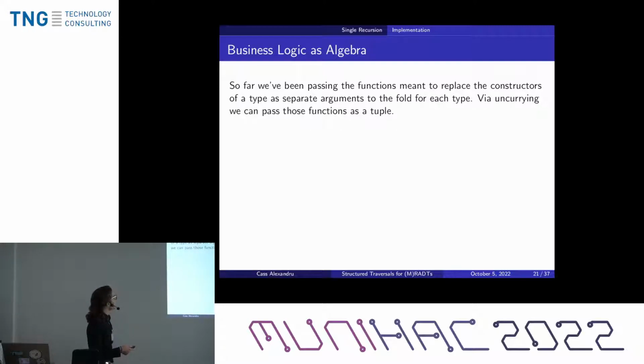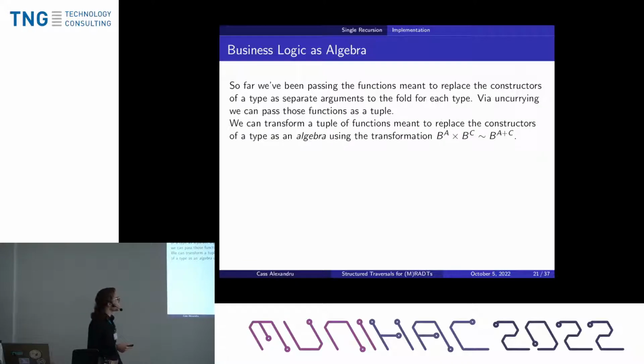Okay, so the way that we saw the functions earlier was we passed several arguments that were meant to replace the functors. We could also, of course, pass a tuple of functions. And now the really big brain thing happens, which is to apply laws that we know for exponentials. If we have an exponential with the same base multiplied by another exponential, this is equivalent to adding the two exponents.